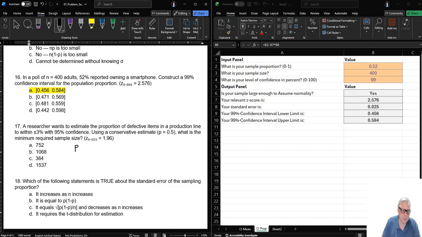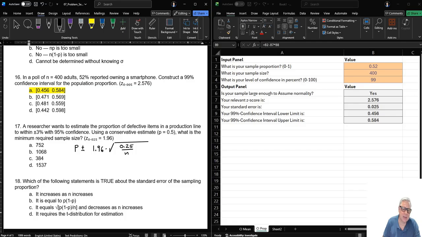So we have our sample proportion plus or minus the z-score, which is already given, so that's 1.96, times the standard error. In this case, the standard error is the square root of 0.5 times 1 minus 0.5, so that's 0.25, over n.